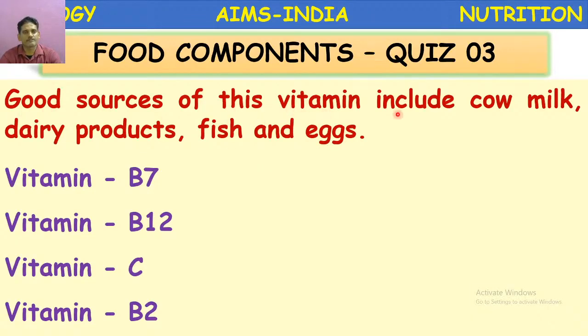Come on, answer the question, children. Yes, vitamin B7 or biotin. Biotin is present in cow milk, dairy products, fish and eggs.